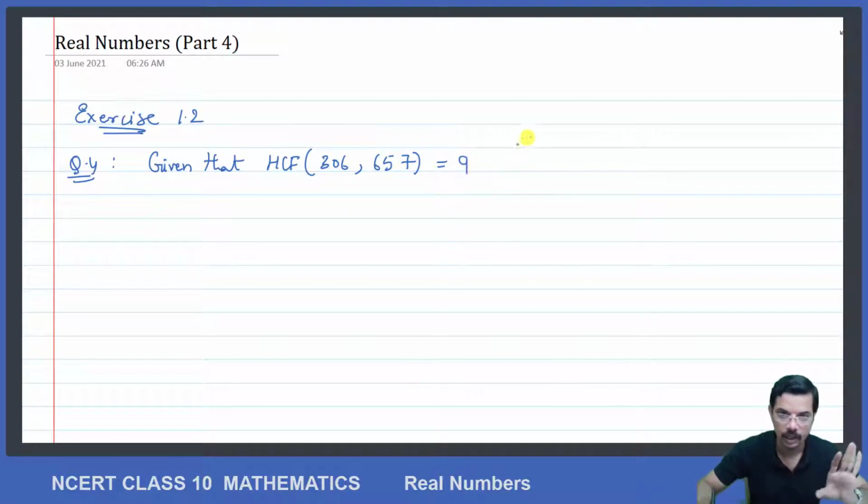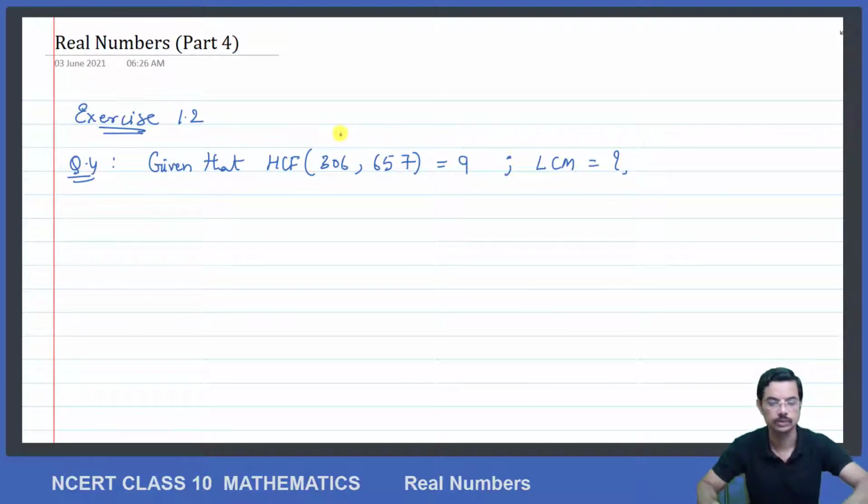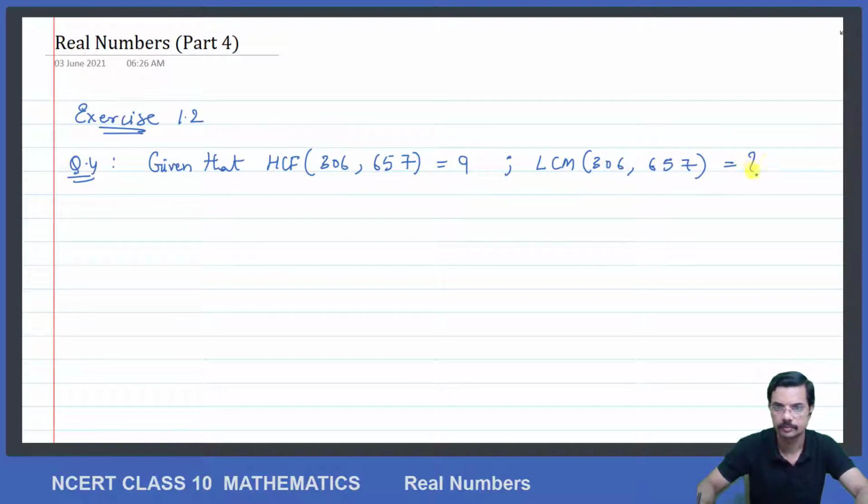That is given to you, but you have to find the LCM. LCM equal to question mark. You are supposed to find out the LCM of 306 and 657.